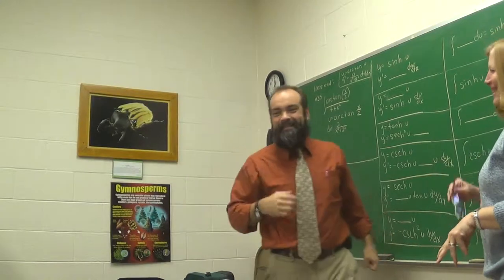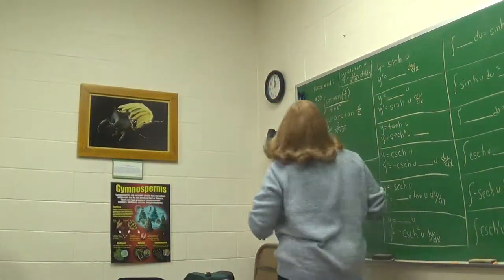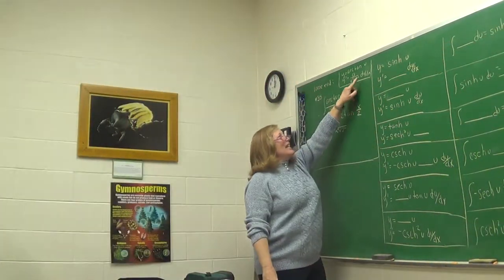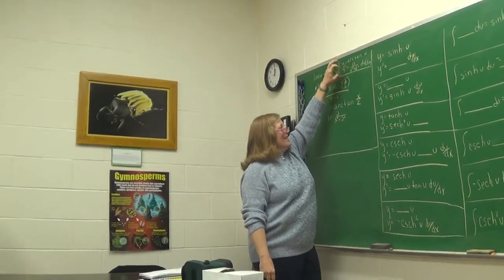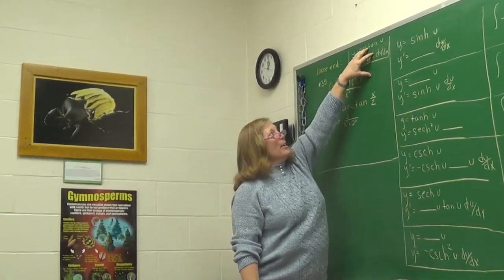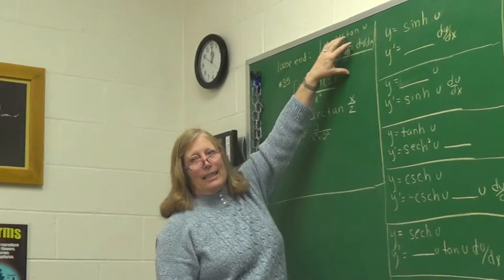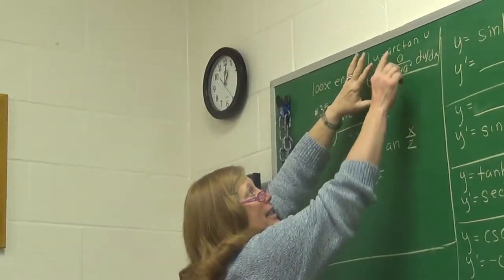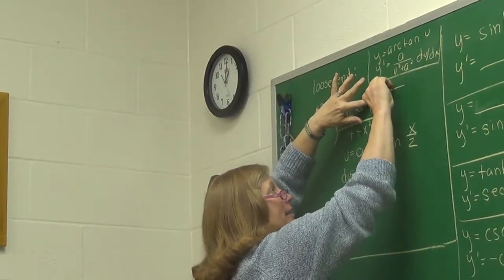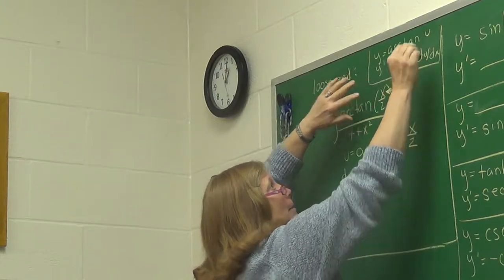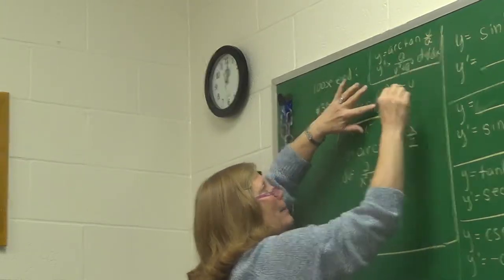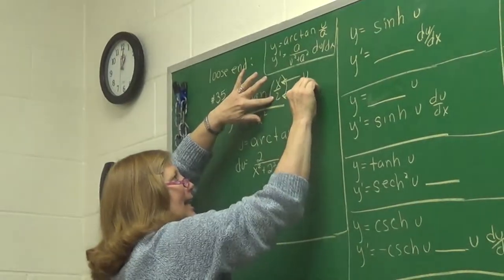I'm so excited about this du. The du follows this pattern, does it not? In this pattern, this is the u. Remember, it's u over a, and that is the a.